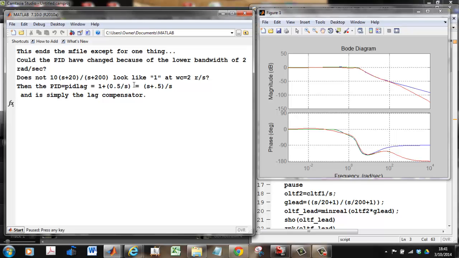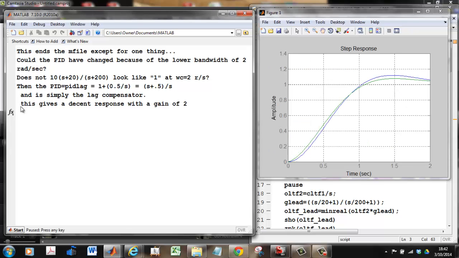Therefore, can I get away with making my PID just 1 plus 0.5 over S, which is what happens with the lag compensator? When this becomes 1, then my S plus 0.5 over S gives me a proportional gain and an integral gain. I have no derivative gain. So I just have a PID that acts as a lag compensator. Let's see what happens.